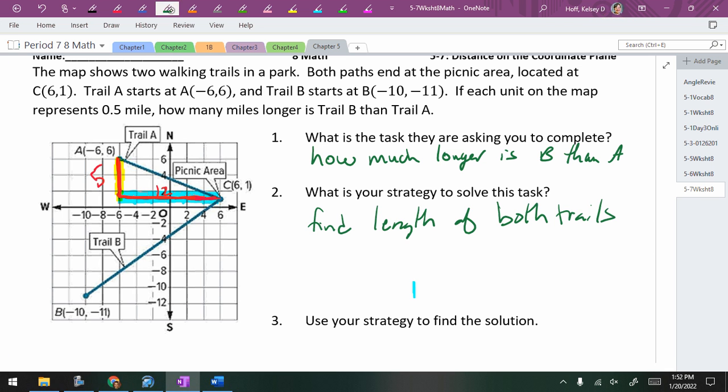So then if we go to our trail B, drop it straight down and across. On your own, carefully count how many those are. Don't say it out loud yet.